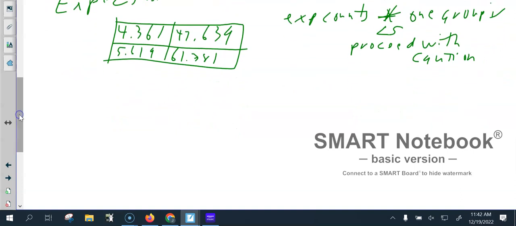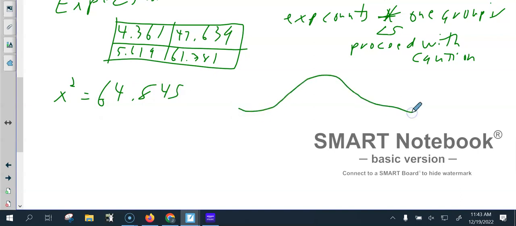And then our information we got from the calculator was our x squared was a huge number, 64.845. And this happens sometimes. So obviously when you graph this, 1, 2, 3, this is just going to be this tiny little amount out here. I mean, 64 is like off the chart.